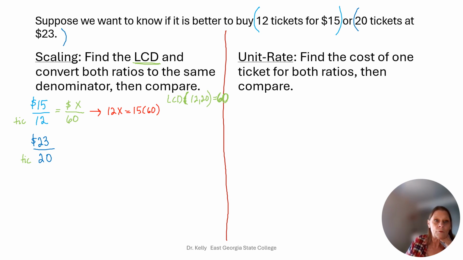When you do the math here, we get X is equal to 75. Now this other one is going to be equal to X over 60. When we finish this, we're going to have 20 times X is equal to 23 times 60. And when we do the math there, we get X is equal to 69.